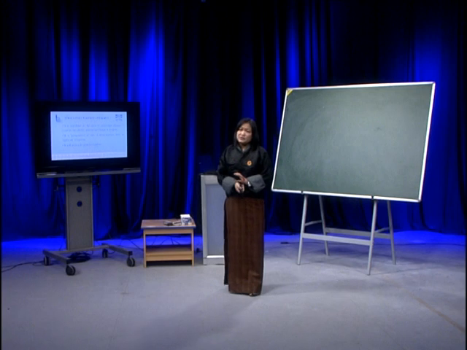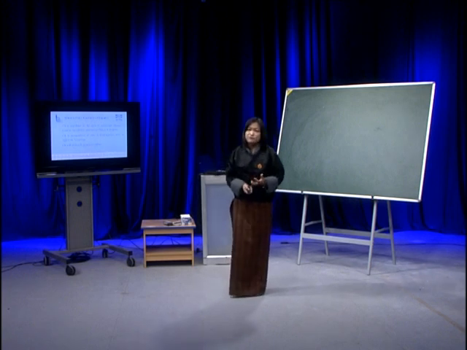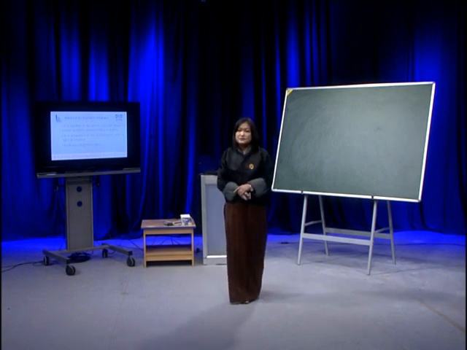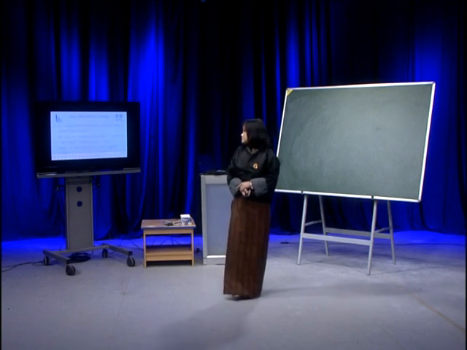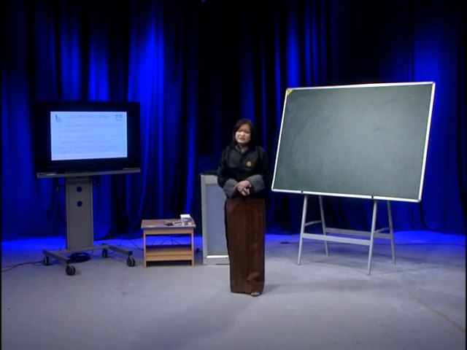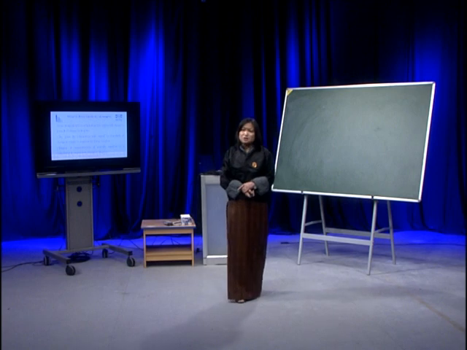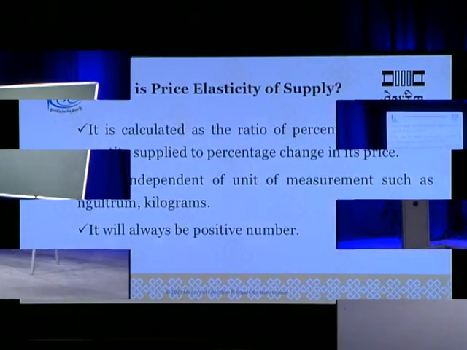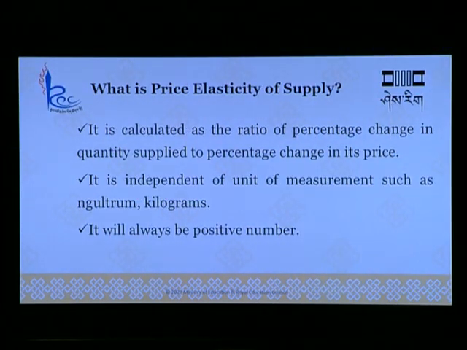With all these components we have looked at, now let's define what is meant by elasticity of supply. Can you tell me what is meant by elasticity of supply? Okay. Elasticity of supply is the degree of responsiveness of quantity supplied of a commodity in response to a change in its price.